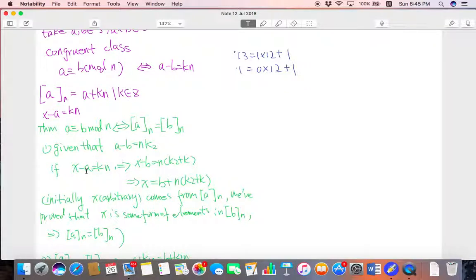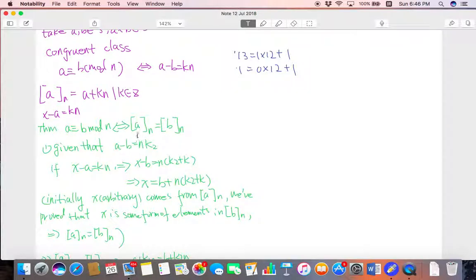And following, I'm going to prove this theorem before we apply it to practical usages. So I will first prove the left to right direction. We are given that A minus B is some multiple of n, say k2 times n.